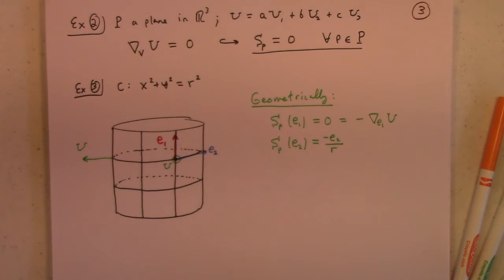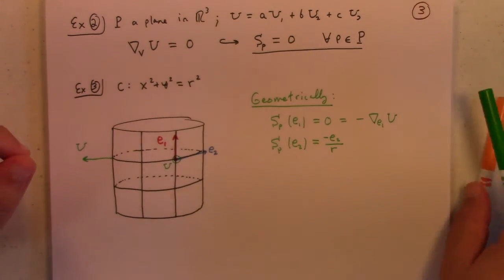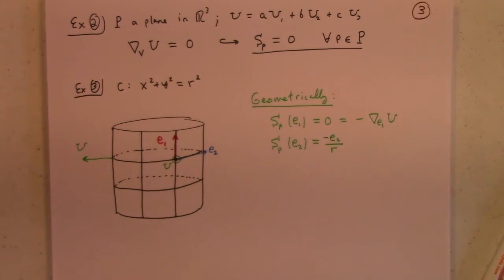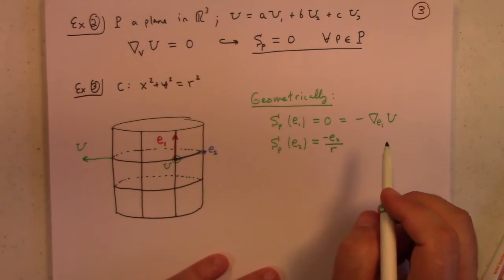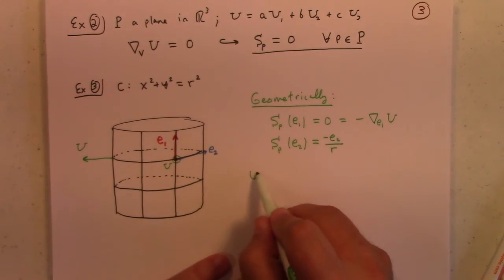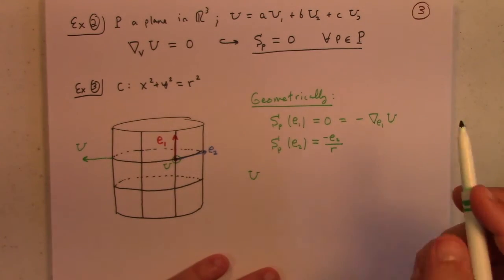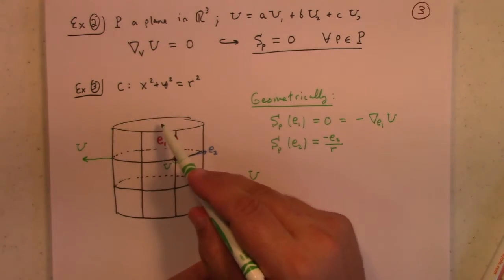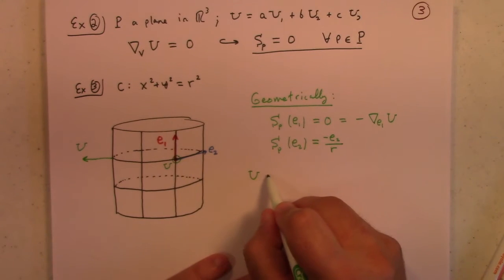I suppose I need the formula for U, right? So the unit normal I can write in terms of the standard angle. U is equal to what?